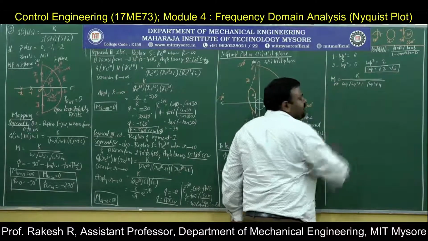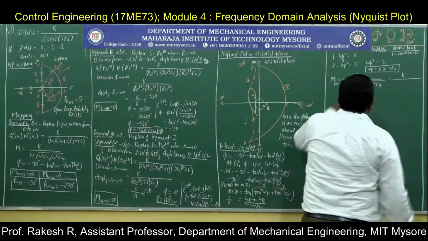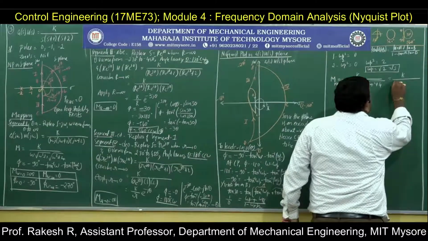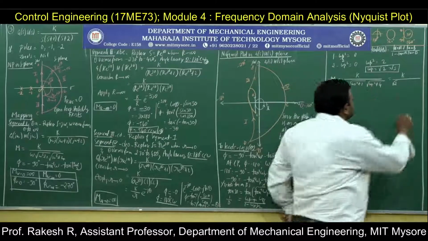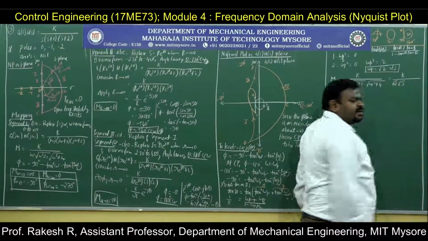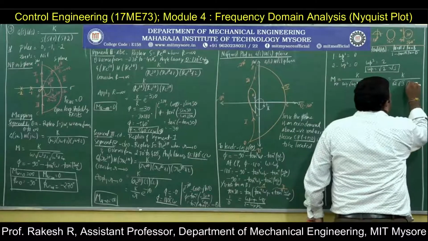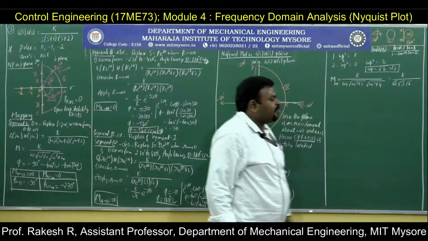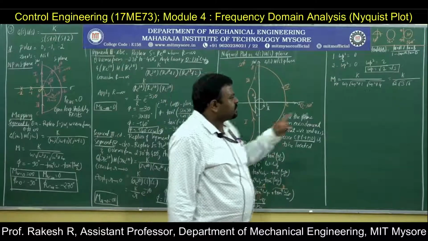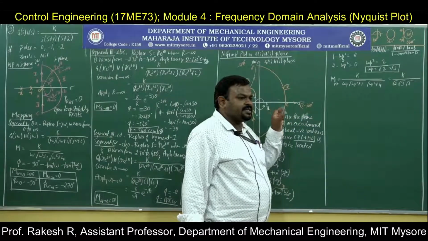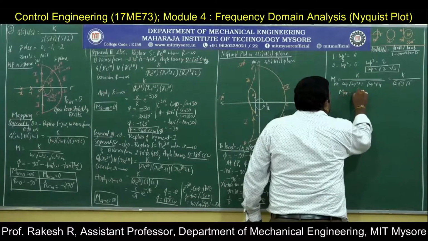Here omega p is root 2, so root 2 square is 2, 2 plus 1 is 3, and again root 2 square is 2, 2 plus 4 is 6. So 6 threes are 18, 18 twos are 36, square root of 36 is 6. So the magnitude will be k by 6.